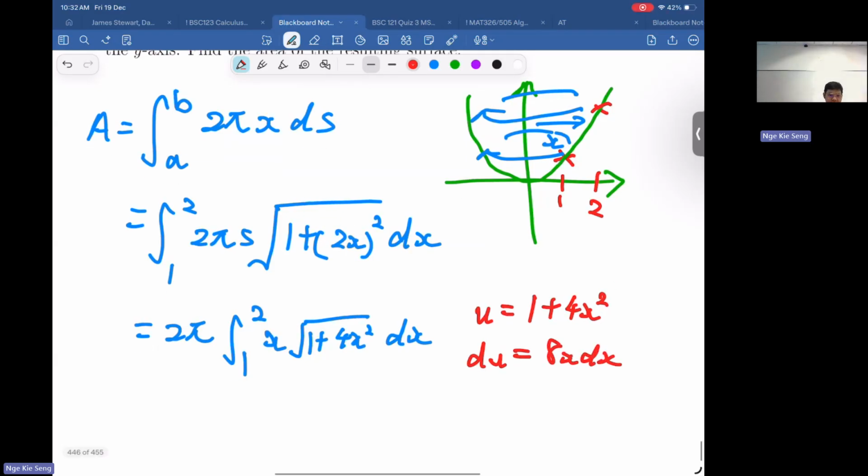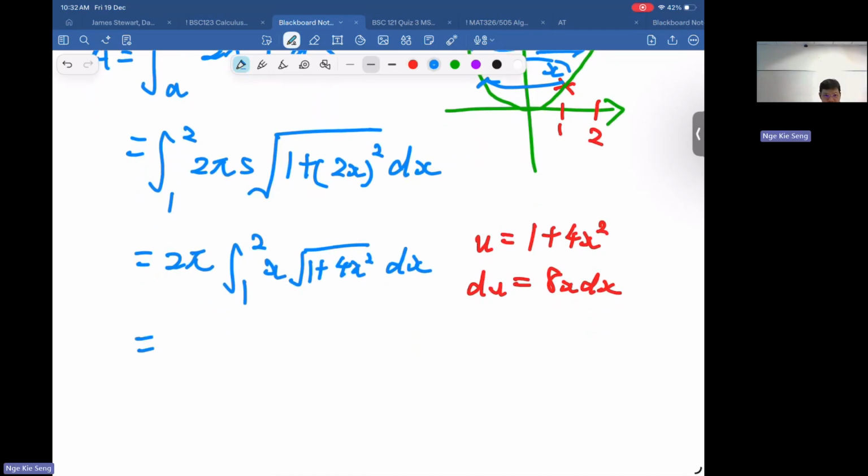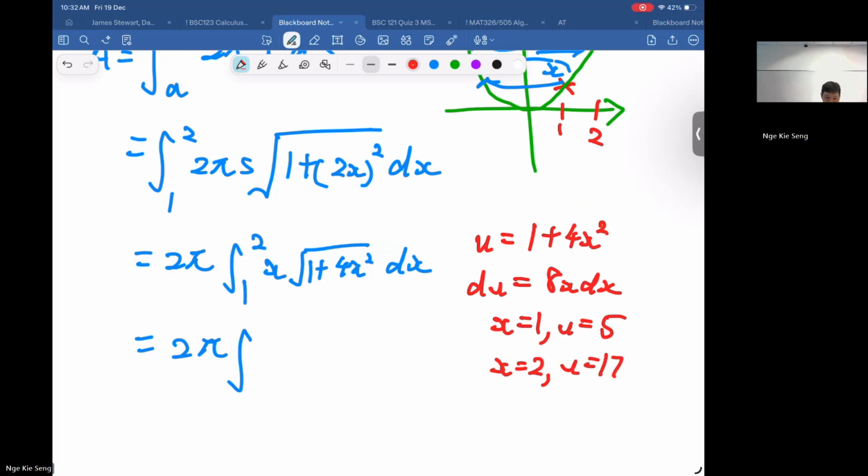Okay. Then you do substitution. 2 pi, and then you need to change your integration limits, right? So when x equals 1, u becomes 5. When x equals 2, u becomes 17. Okay, so here it's 5 to 17, and then the square root of u over 8 du.